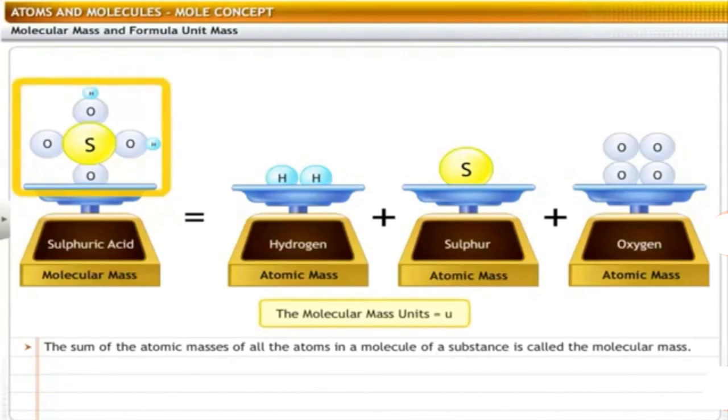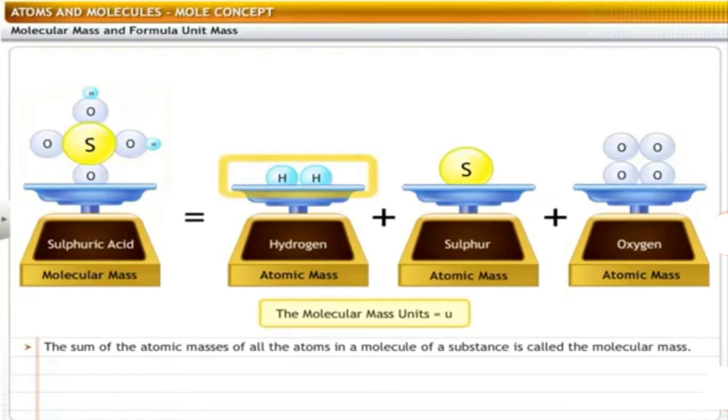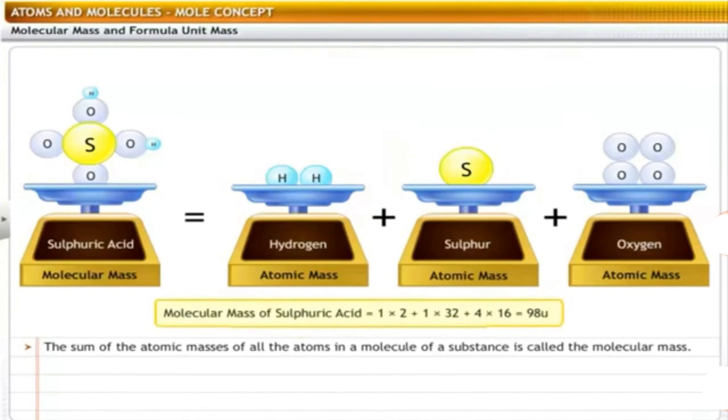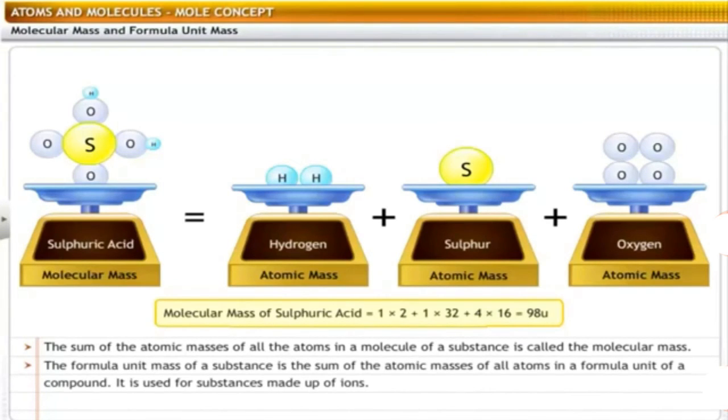Therefore, the molecular mass of sulfuric acid, which contains 2 atoms of hydrogen, 1 atom of sulfur and 4 atoms of oxygen, is equal to 2 multiplied by 1 plus 1 multiplied by 32 plus 4 multiplied by 16, which is equal to 98 atomic mass units.